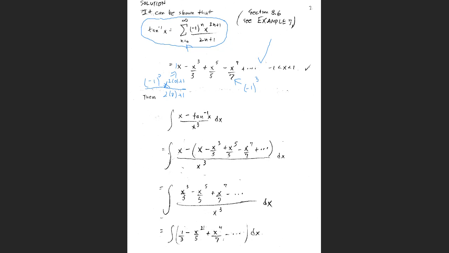So you have -1 to the third power times x to the 2 times 3 plus 1 power, all divided by 2 times 3 plus 1.